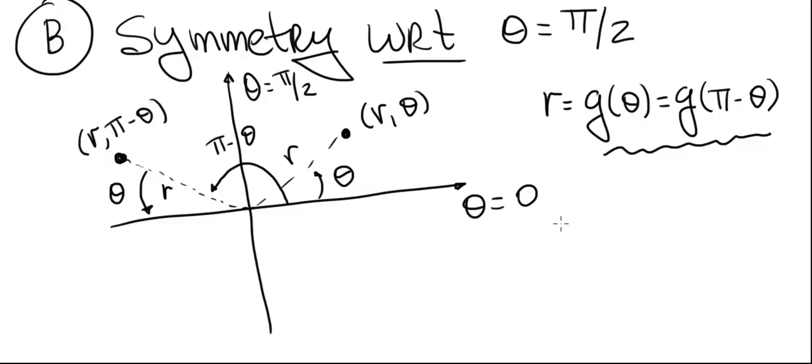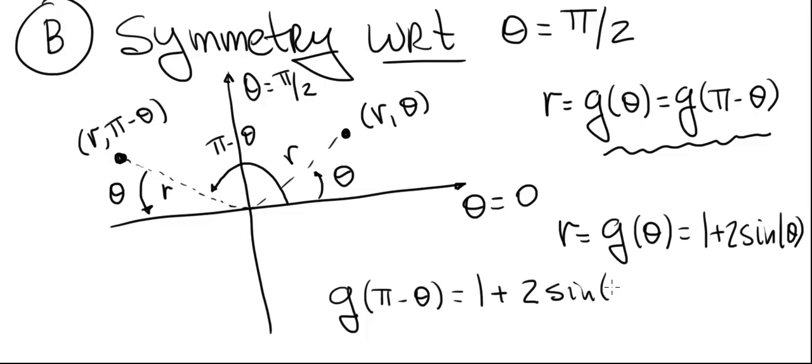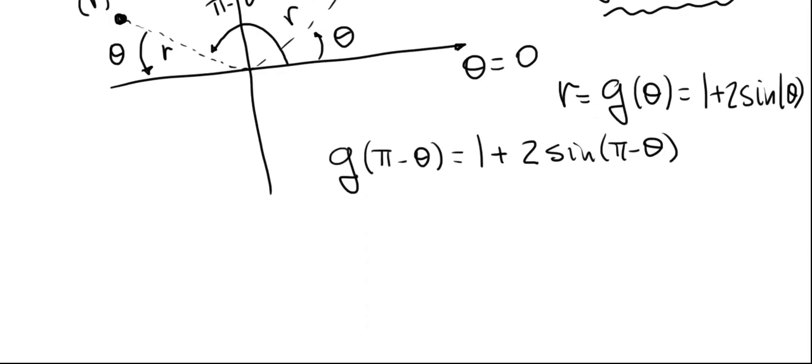Now let's return to our first equation, r equals g of theta equals 1 plus 2 times sine theta. And let's test it for symmetry. So we replace theta with pi minus theta. This is 1 plus 2 times sine of pi minus theta, but by the trig identity, which we call result A, sine of pi minus theta is the same as sine of theta, and so we end up with g of theta.